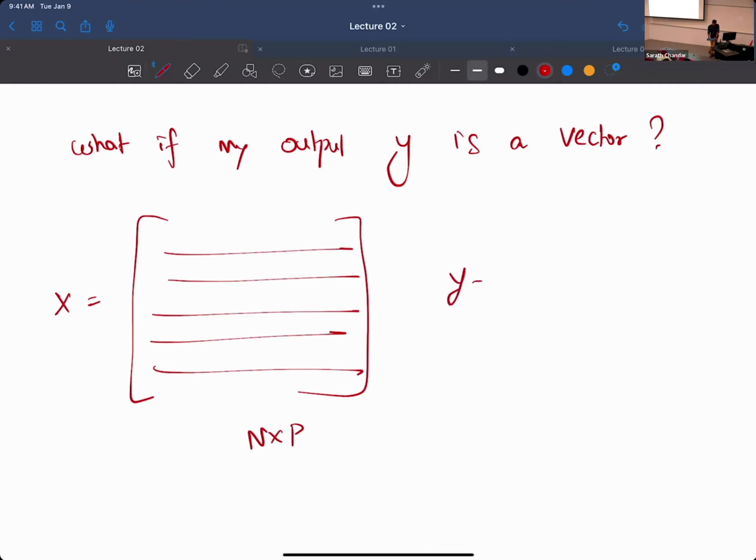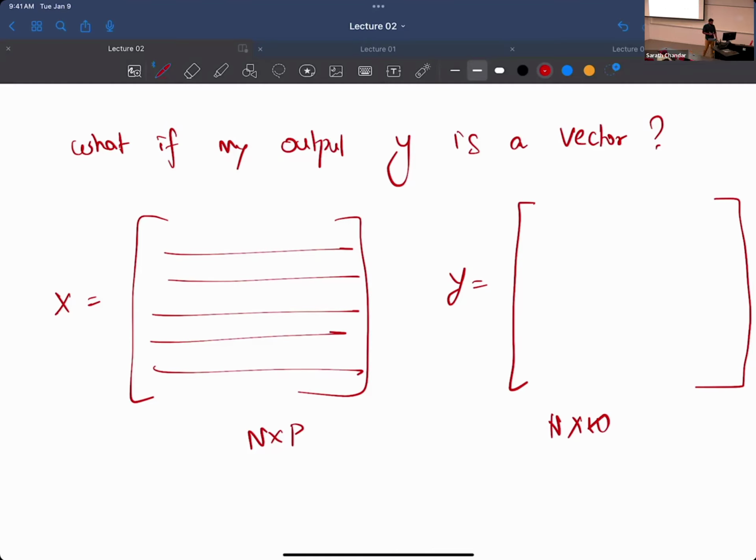My y, which used to be a target vector, is simply now a target matrix. So let's say my output has 10 values that I'm predicting, okay? And this is simply n times 10.